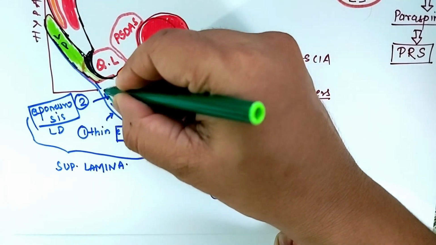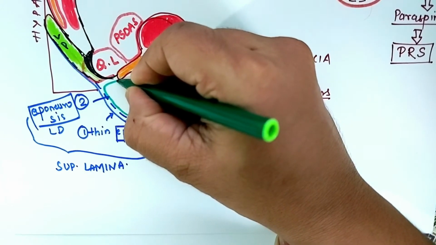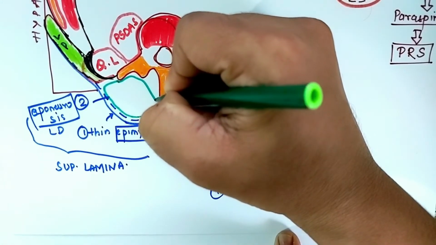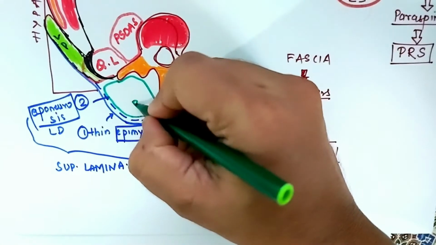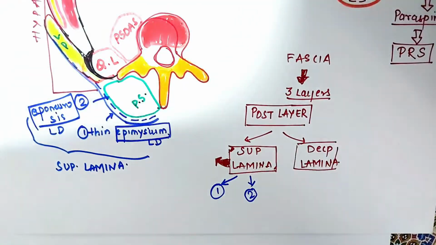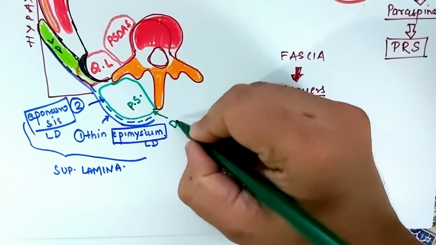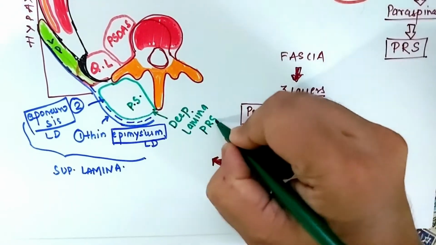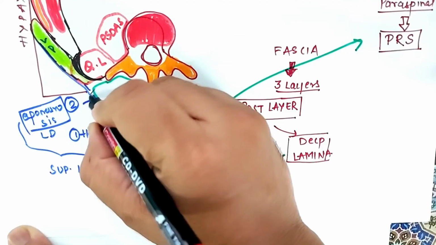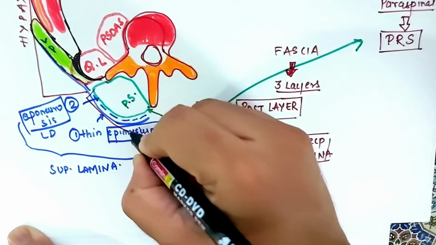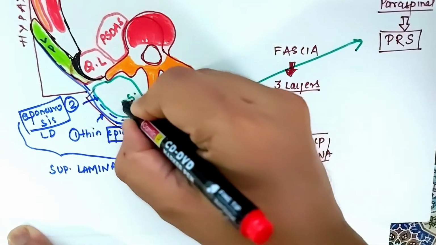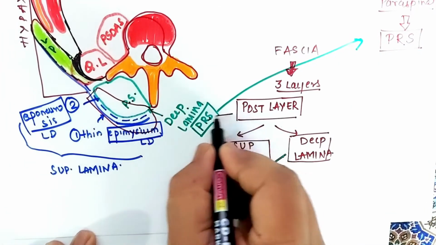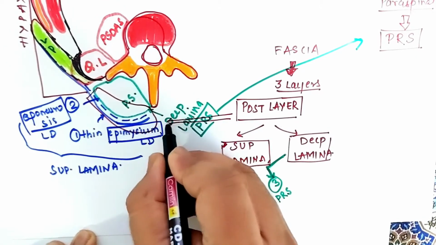However, the deep lamina, as we discussed earlier, is the sheet covering the erector spinae muscle, that is iliocostalis lumborum, semispinalis, and longissimus. This sheet composed of the erector spinae forms the deep lamina. This entire three-part subdivision is the posterior layer of the thoraco-dorsal fascia.